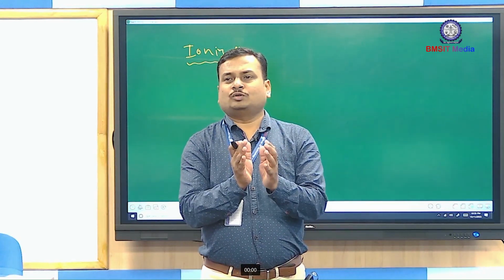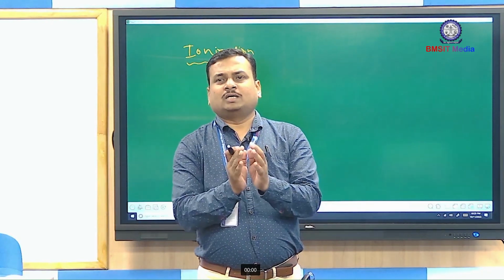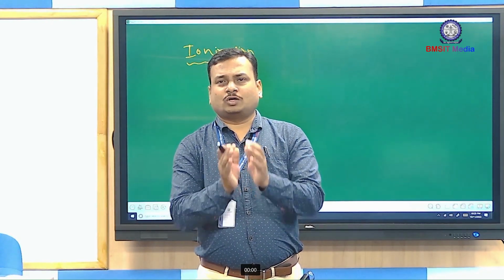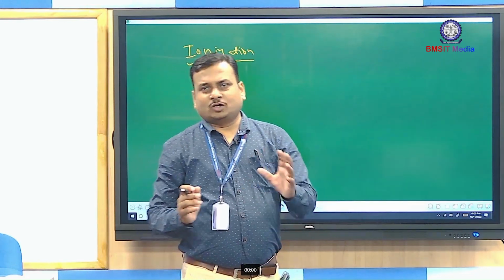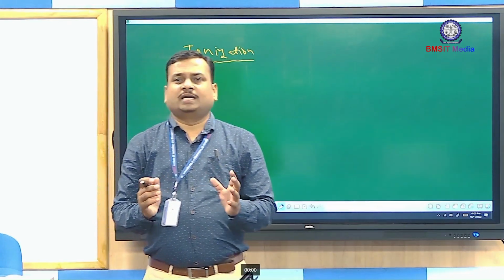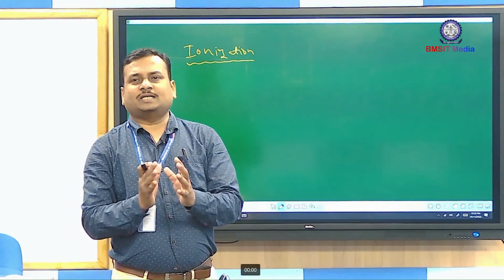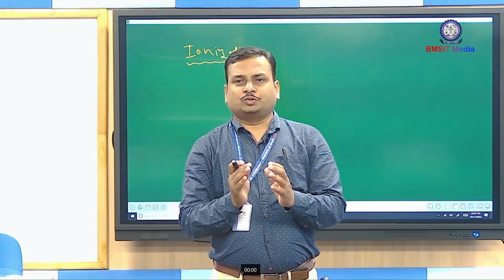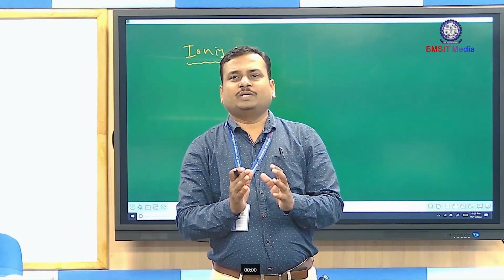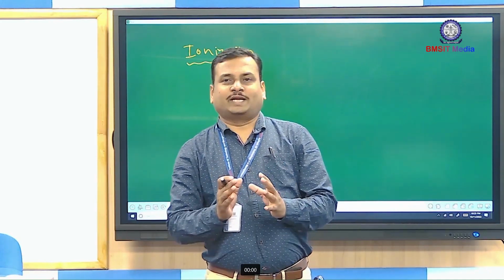The positive charge of that atom will remain the same, because the positive charge, that is nothing but protons, they are part of the nucleus. Here we are just removing one electron from the outer shell or the valence orbit. So because of that, the total negative charge of that atom will be reduced, and it becomes a positive ion, means it will be losing its electrical neutrality.